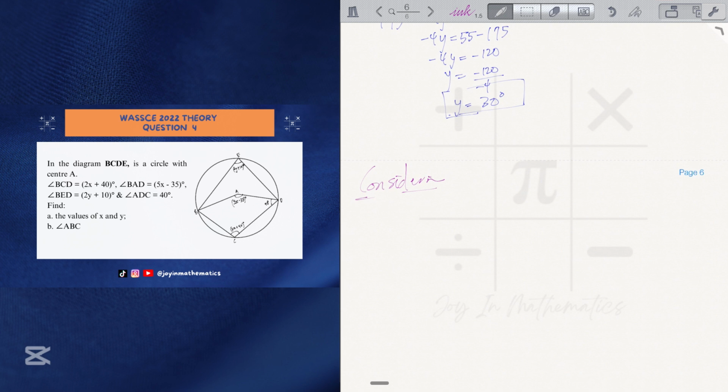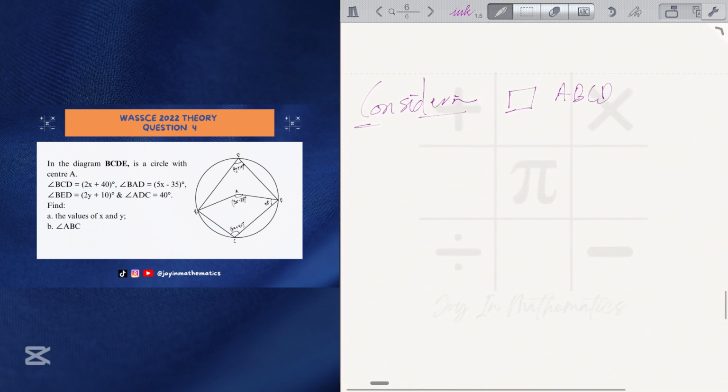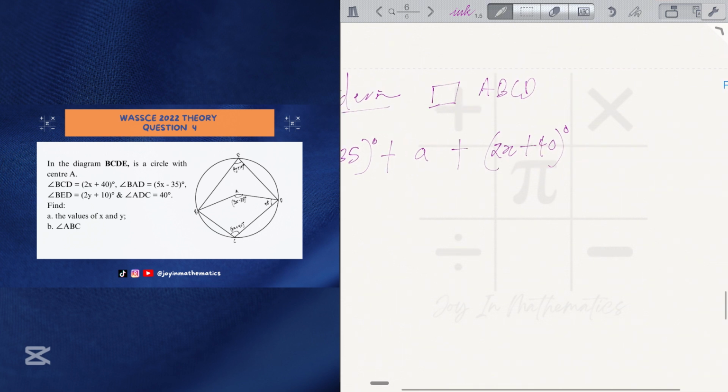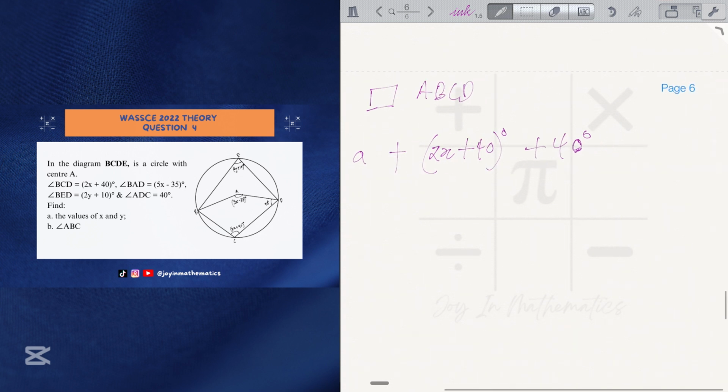We are considering quadrilateral ABCD, and we are saying that the angle at A is 5x minus 35 degrees, plus the angle at B, which we called A, plus the angle at C, which is 2x plus 40 degrees, plus the angle at D, which is 40 degrees. Everything is equal to 360 degrees.